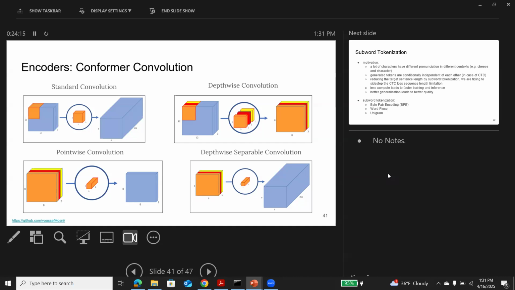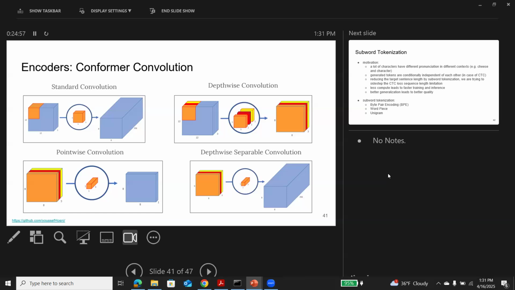Then to get 256 channels, there's 256 by 1 by 1 by 3, because that's your mixing channel.